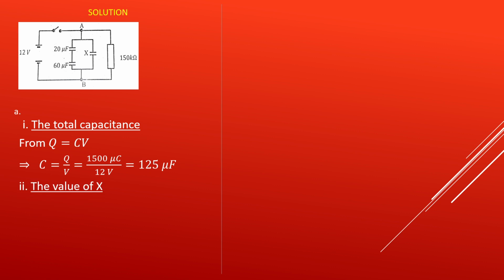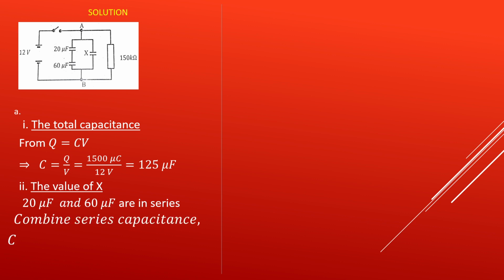Now the value of X. Calculating the value of X, we see that the 20 microfarad and the 60 microfarad are connected in series. So we calculate the combined capacitance in series, and the formula is the same as that for combined resistors in parallel. So CS is 20 microfarad times 60 microfarad over 20 microfarad plus 60 microfarad, which is equal to 15 microfarad when you calculate it properly.